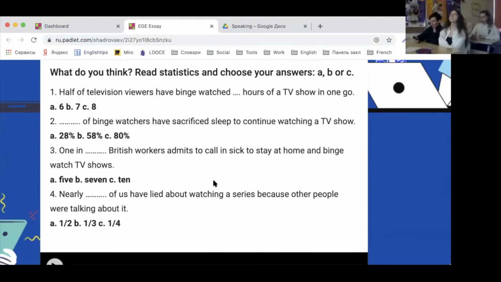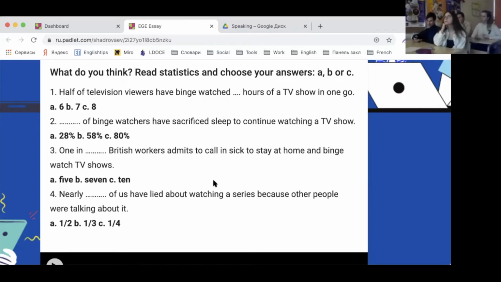There are 3 options, A, B, C. What is your idea about the first one? B. It means 7 hours in one go, or in one sitting. Okay, 6, 7, 8. All of them sound quite a lot. How many people, binge watchers, have sacrificed sleep to continue watching a TV show? 28, 58, 80.